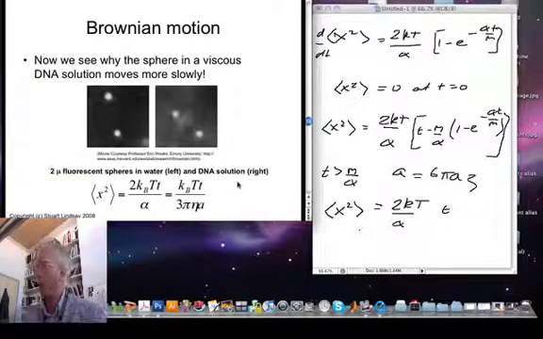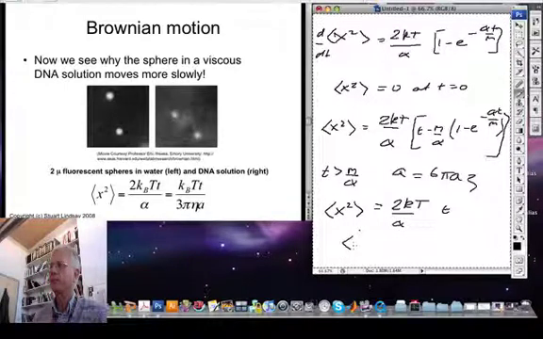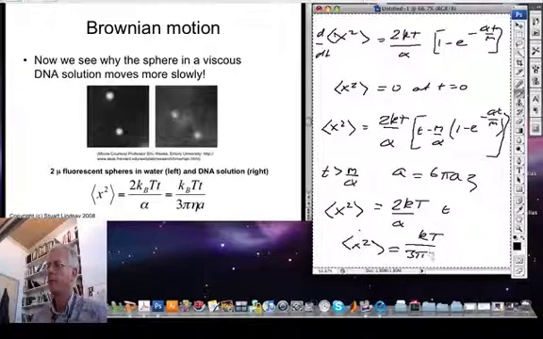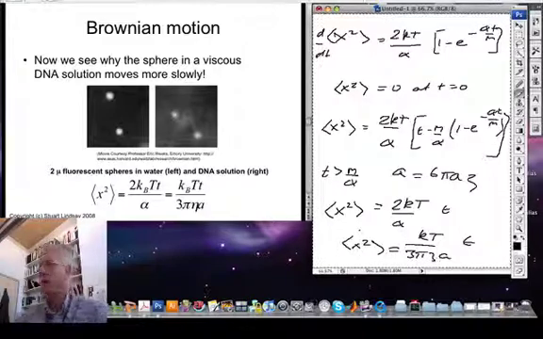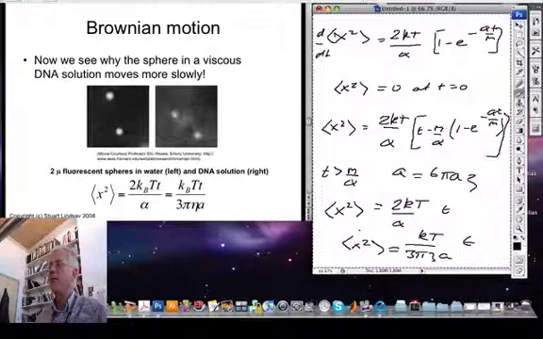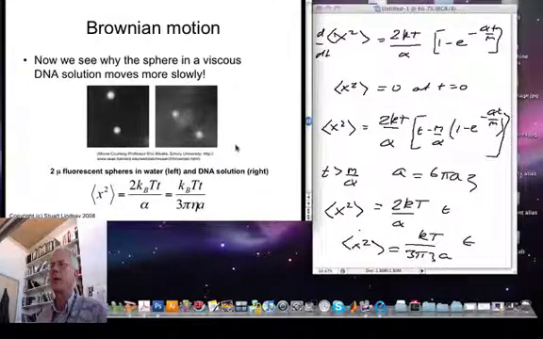Now you see from this solution here, let's just write this out, and we're going to use this value for alpha, that the coefficient that appears in front of time goes like 1 over the viscosity, 1 over the square root of the viscosity if we consider the root mean square displacement.